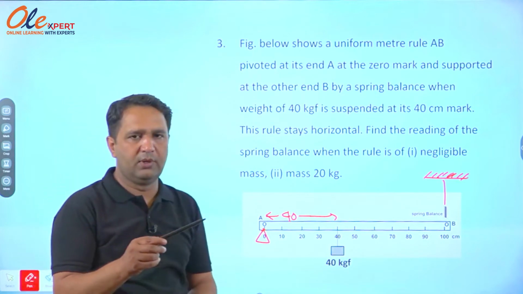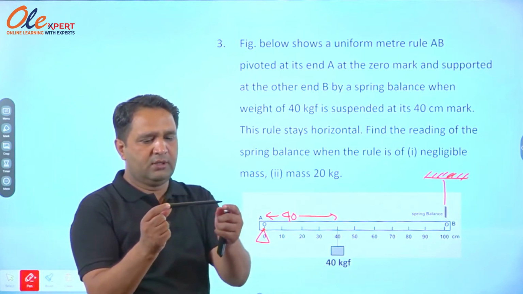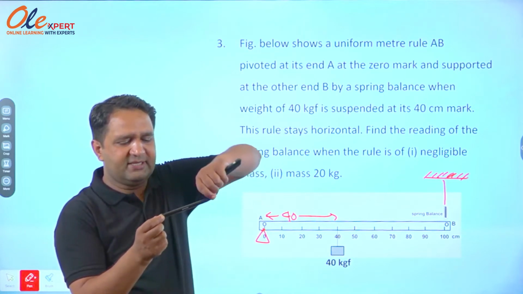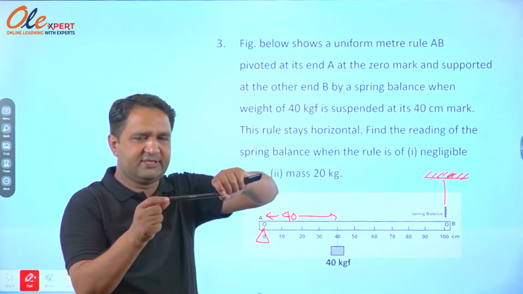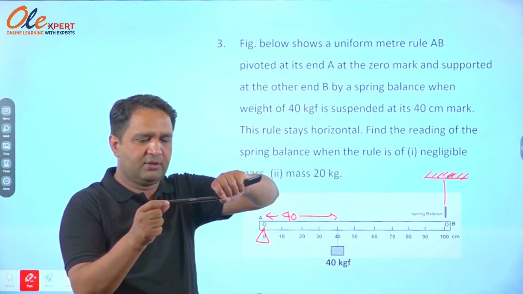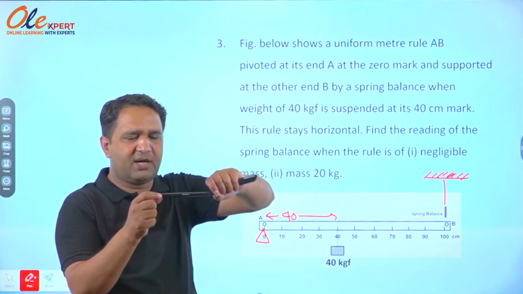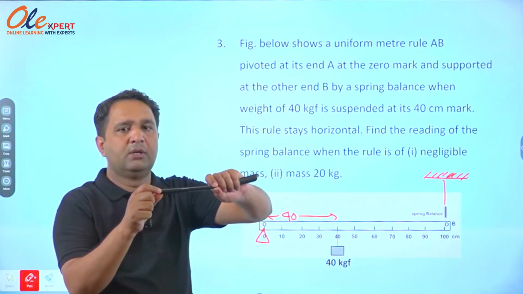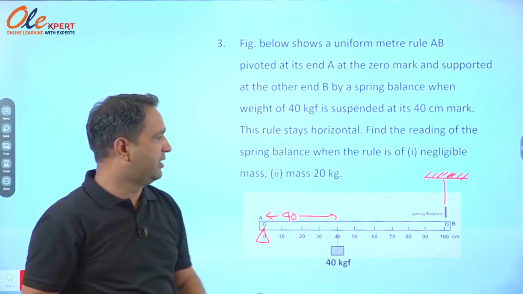Suppose that this is the rule and it is fixed at this point. Now, some force is acting at this end and one weight is hanging here and it is in a state of balance. In the first question, suppose that its mass is 0, ignore the mass of the rule. If we ignore its mass, then what is the question?